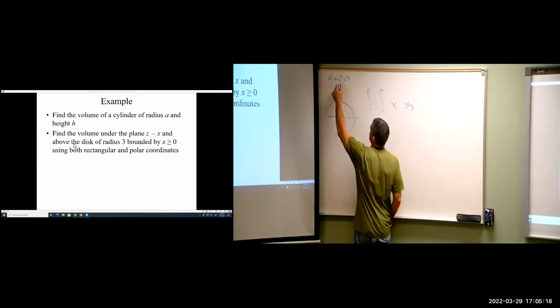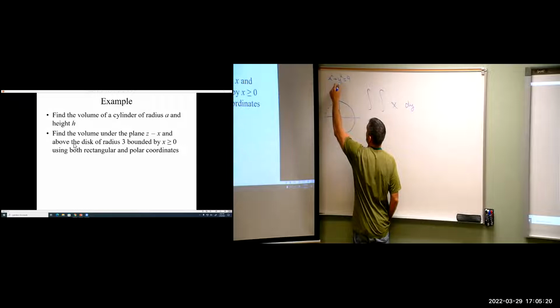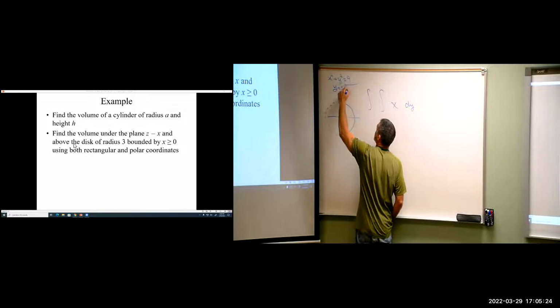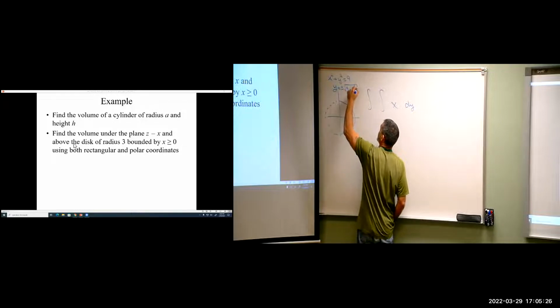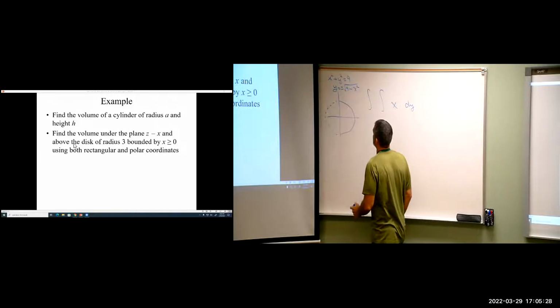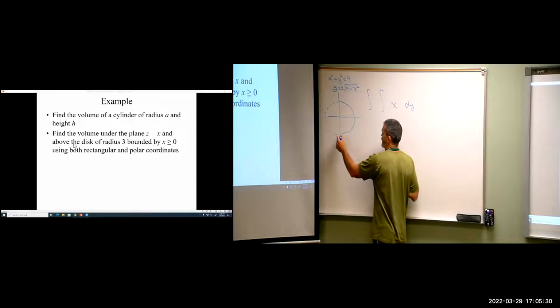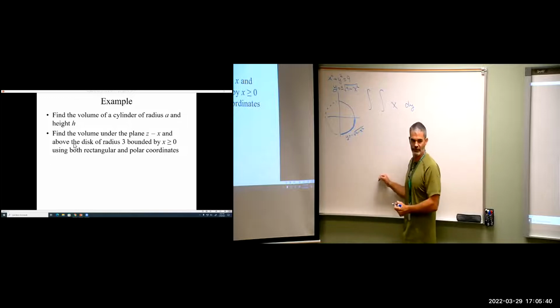If I integrate with respect to y first, that means I'm solving this for y. So y equals plus or minus the square root of 9 minus x squared. Minus for the bottom half, so that part right there is y equals negative square root of 9 minus x squared, which gives us the negative y values.